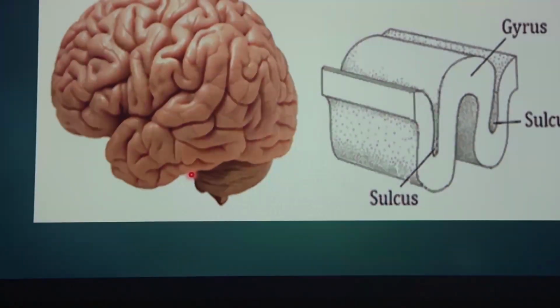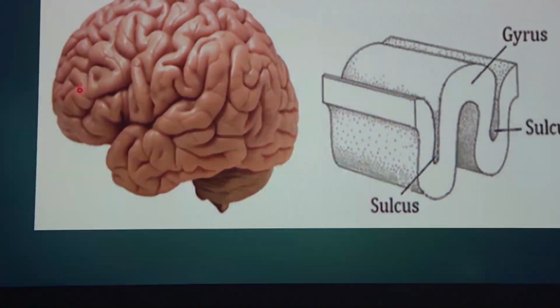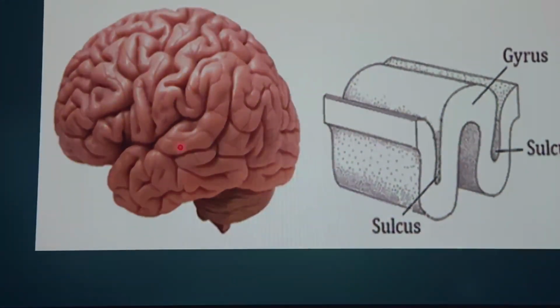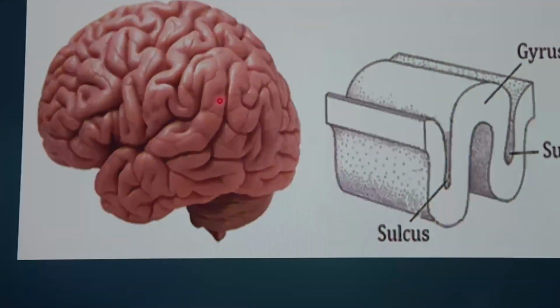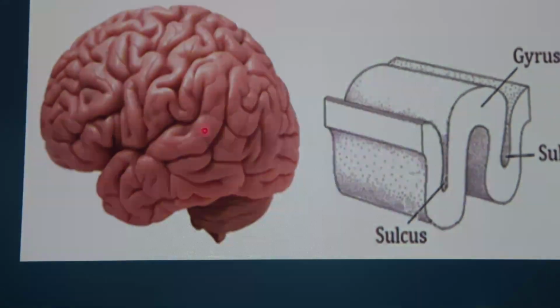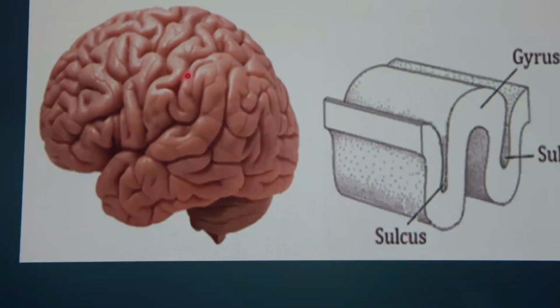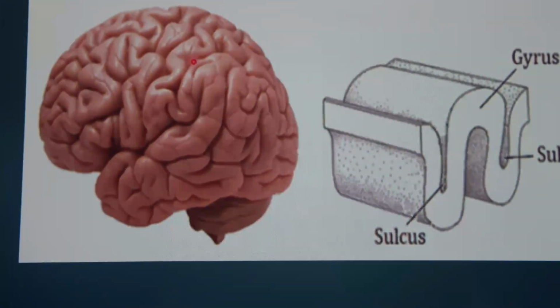You can clearly see this is the demonstration of the brain cortex. This is what we mean by the gyrus. It is the elevated part of the brain cortex or parenchyma, and the depressed areas between the elevated portions are called the sulci.